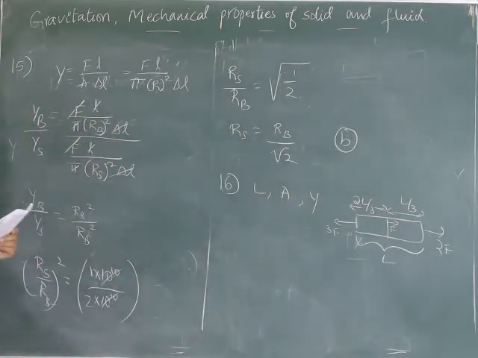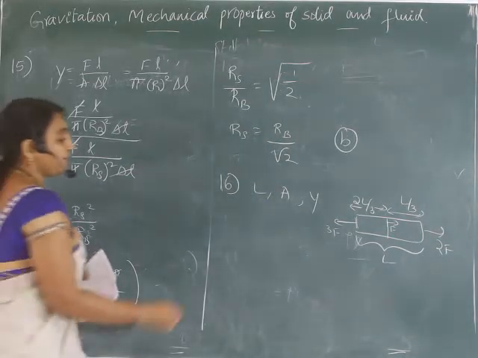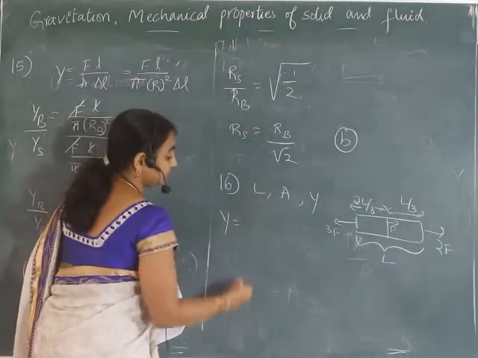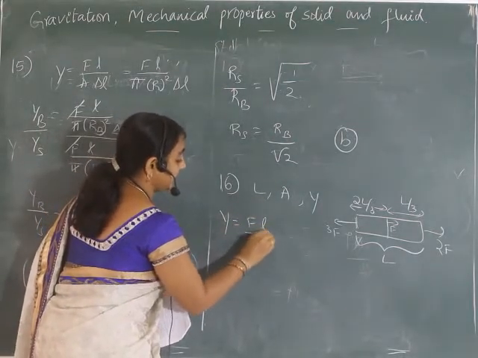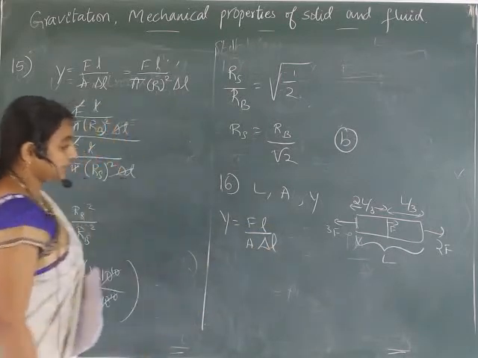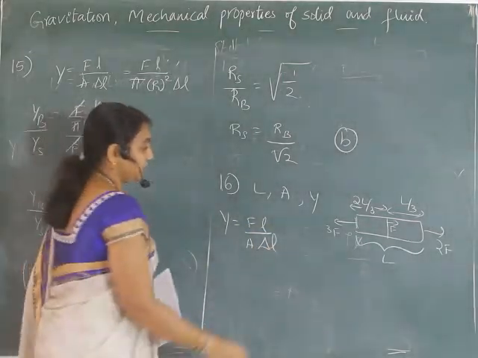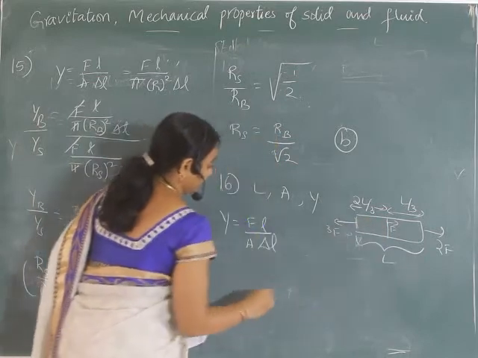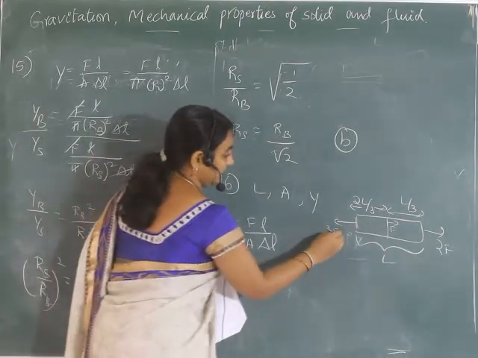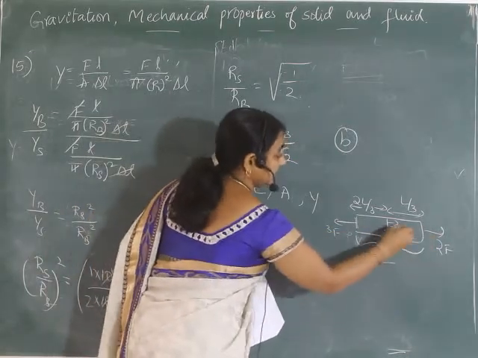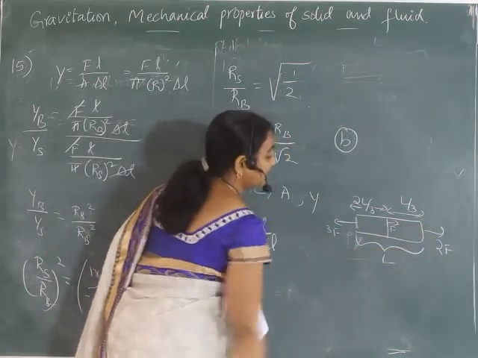For the length 2L by 3, they have given you Young's modulus. Again use the same formula. Y is equal to, what is the formula? FL by A delta L. Now what is the force for this one? First one. What is the force? 3F. Both sides it is the same side, so the forces will add up.